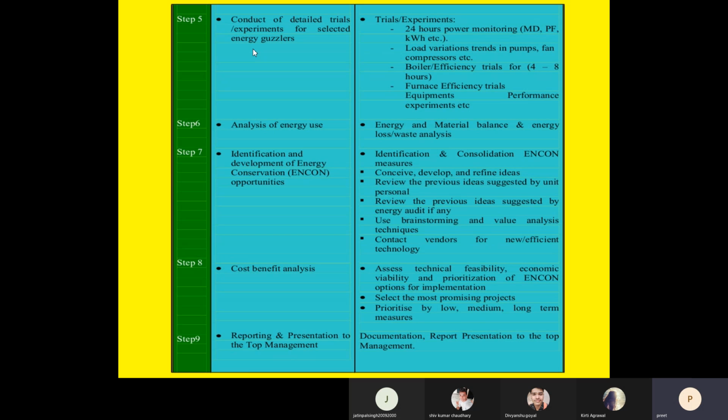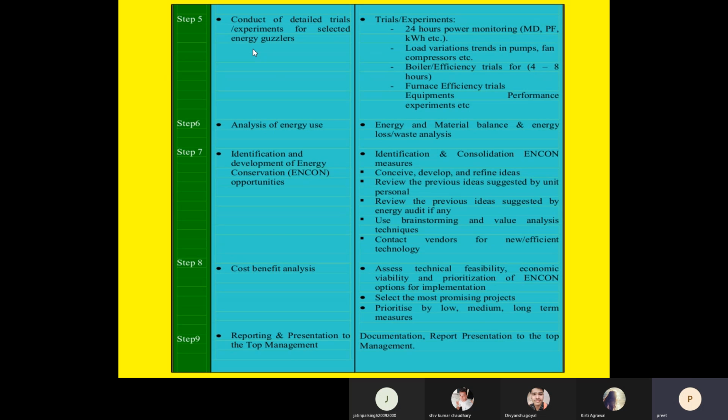Under this, previous ideas suggested by the unit personnel are reviewed, and previous ideas suggested by earlier energy audits are reviewed, if any. Brainstorming is done, so that if something could be done, it can be suggested at this stage. Vendors are contacted for new technology, if they can provide improved technology so that energy efficiency could be increased.